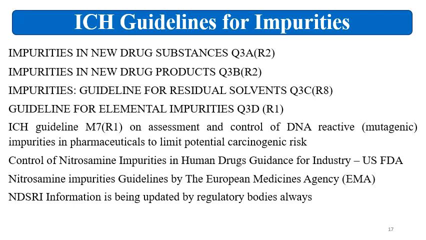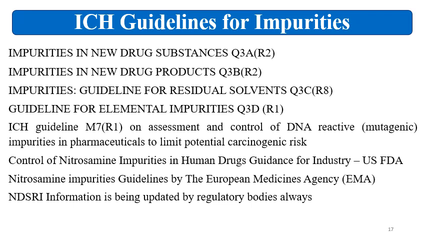Then ICH M7 is the safety guideline, from the multidisciplinary type of guidelines, for assessment and control of DNA reactive mutagenic impurities in pharmaceuticals to limit the potential carcinogenic risk.